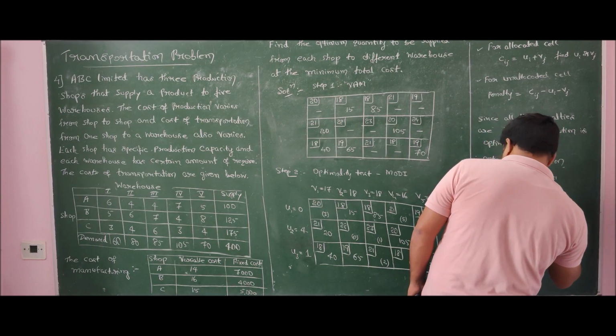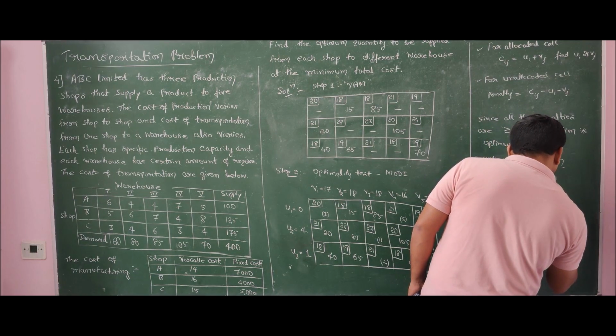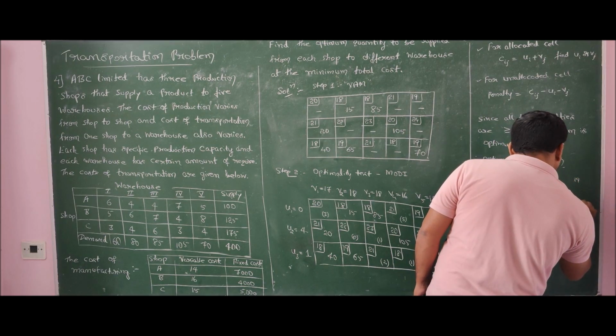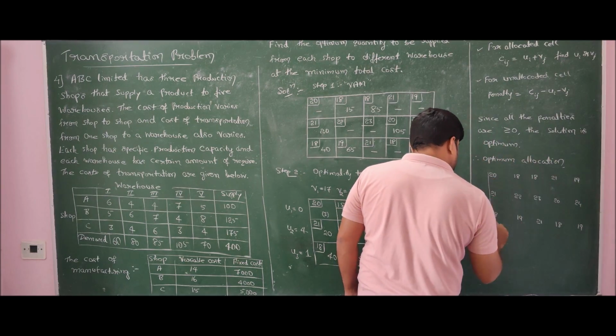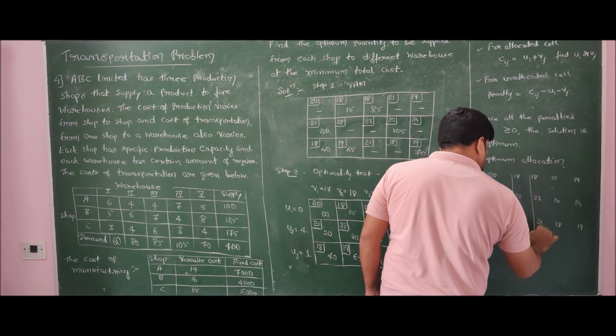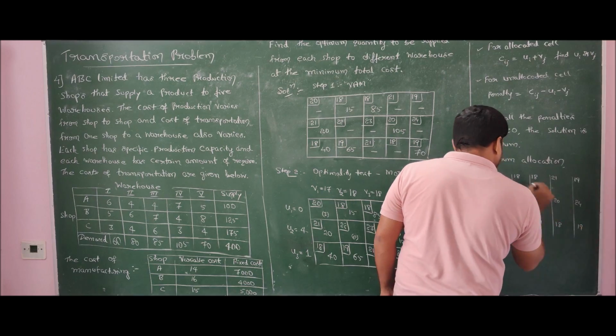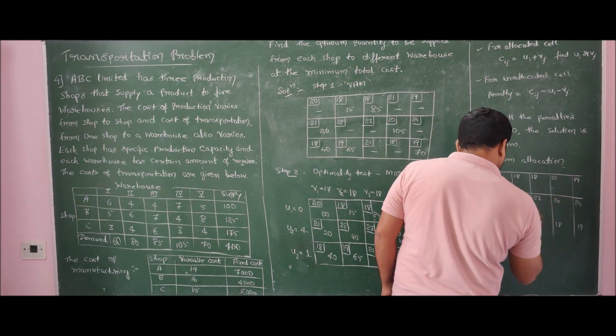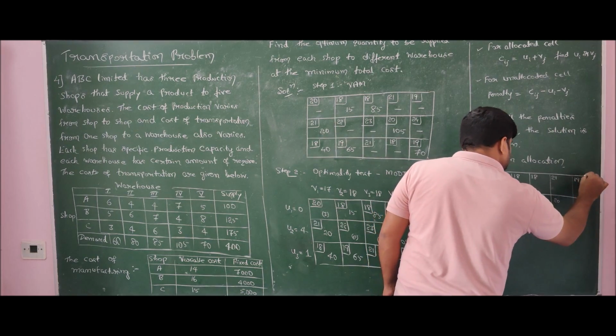Then we have 21, 20 and 18. Then we have 19, 24 and 19. So this is the transportation cost for which we have found the optimum allocation also.